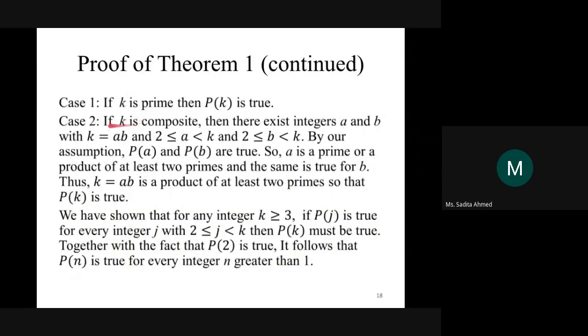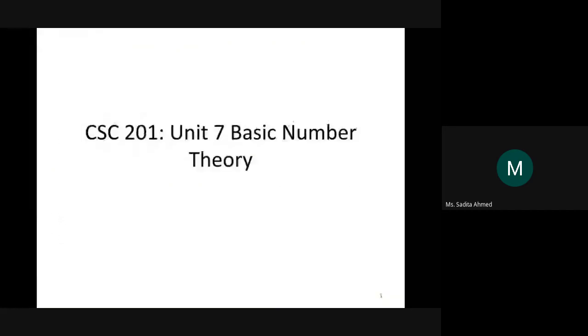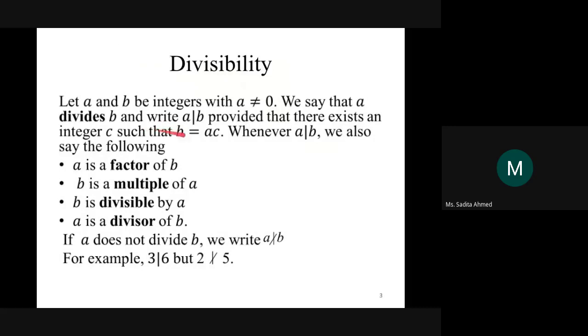So if a can divide k, remember again from the basic definition, the way we define divisibility: if a can divide b, then b is equal to ac, the product of a and c, for some integer c.